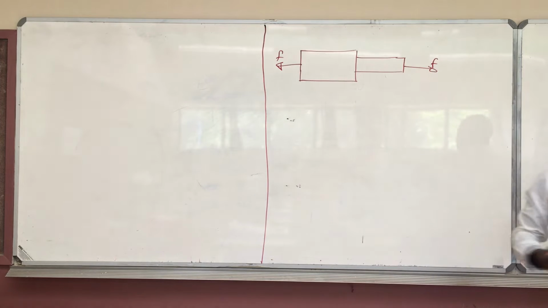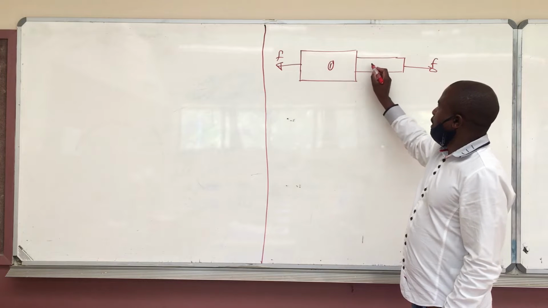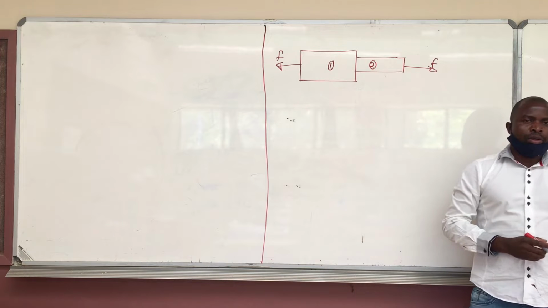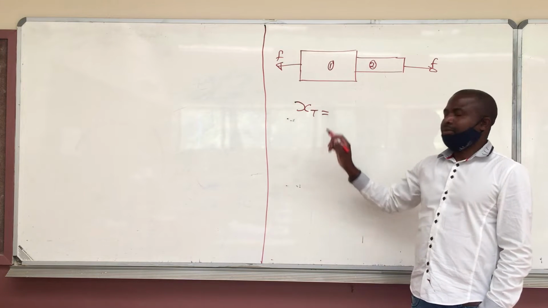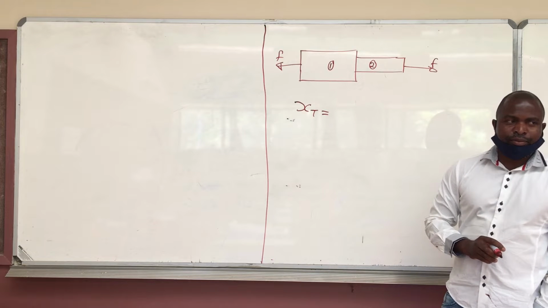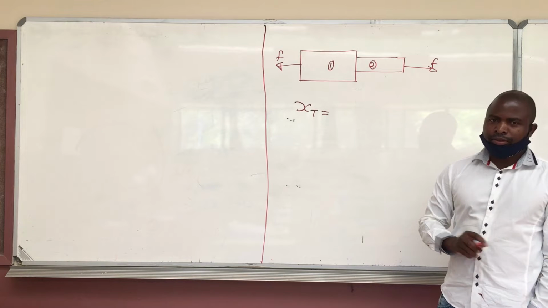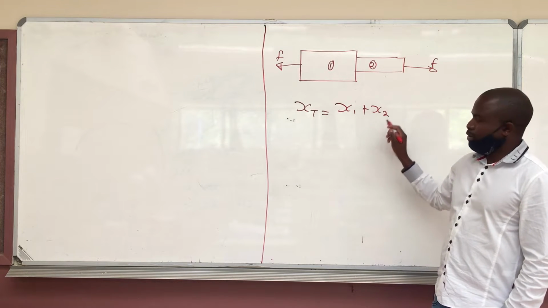When you apply load there, what would be the total extension? If this is bar 1 and bar 2, what would be the total extension? It's extension 1 plus extension 2.